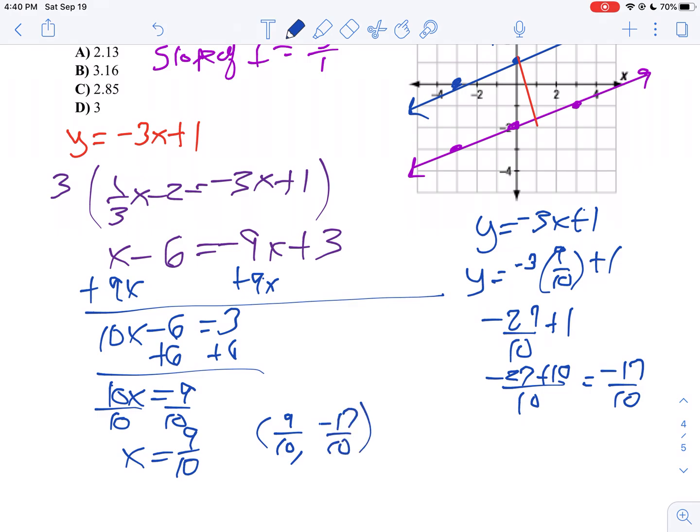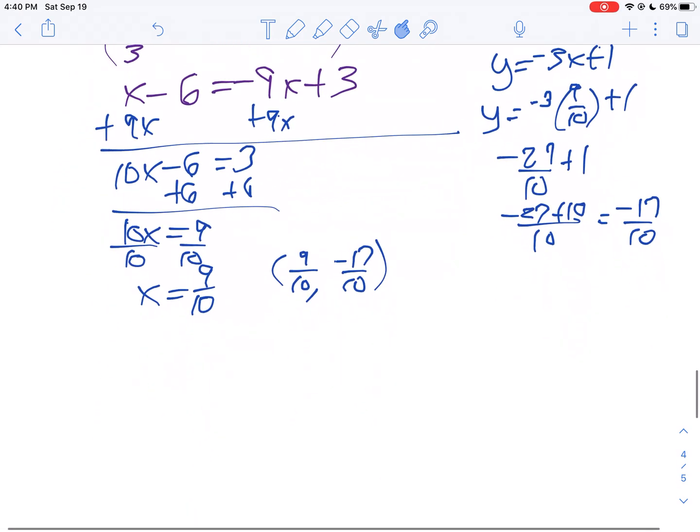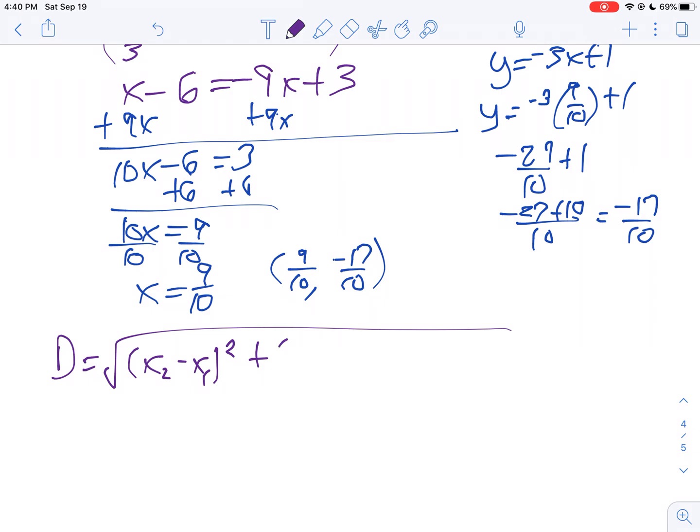Now I'm going to use that, and I'm going to find the distance between this point and (0, 1). So let's use our distance formula. Distance is the square root of x2 minus x1 squared plus y2 minus y1 squared. So subtract your x's.